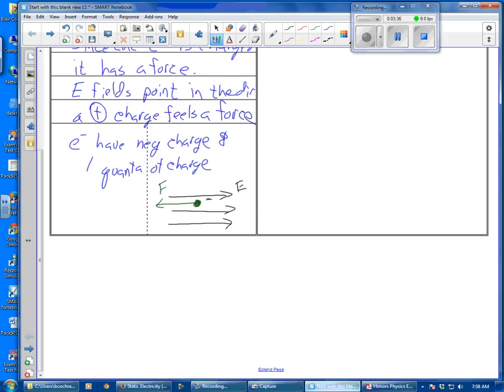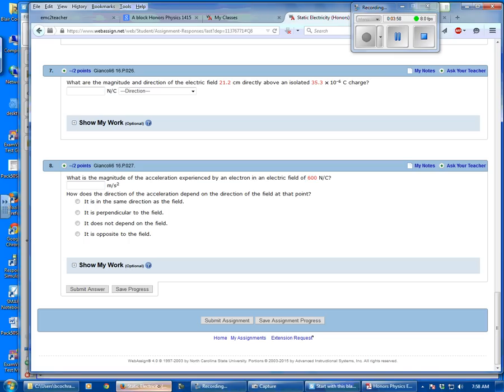It's also, therefore, going to accelerate this way, right? So that would be my force diagram, and I need to show the direction of that acceleration. In my Y, I've already answered that it's going to be opposite the field.